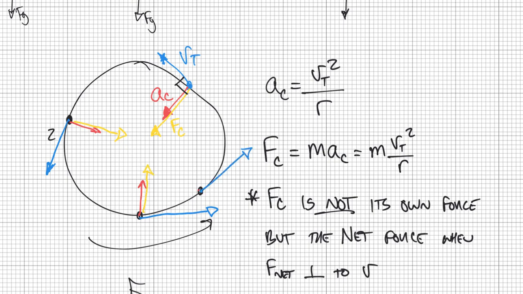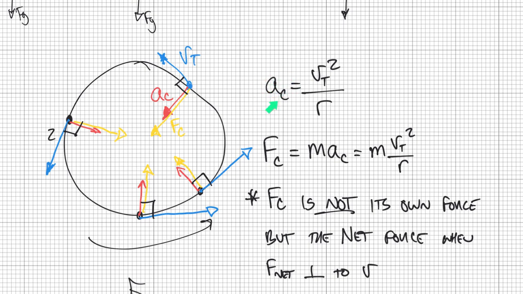Okay, so force and acceleration always point towards the center. My velocity is always tangent to my position, and my velocity and my force, or my velocity and my acceleration, are always perpendicular.